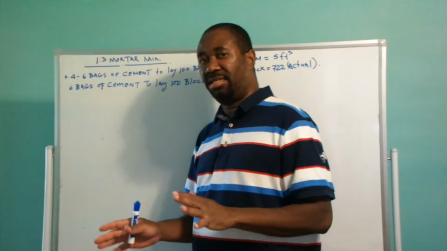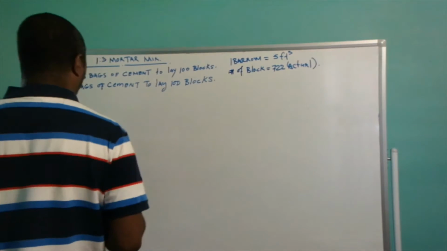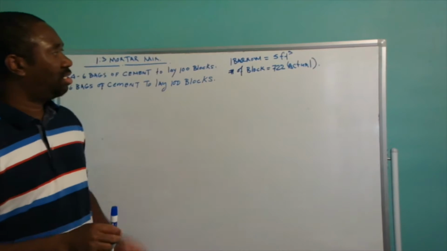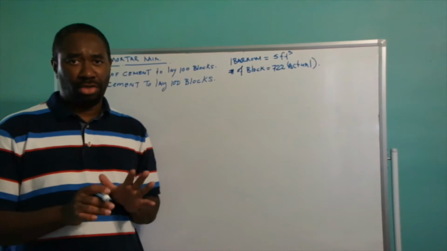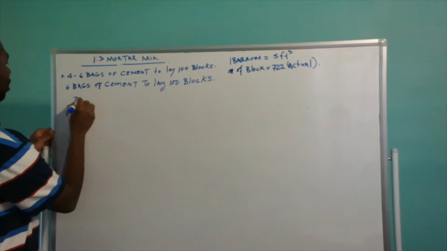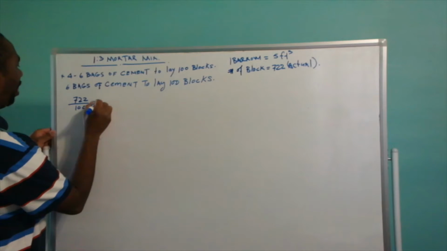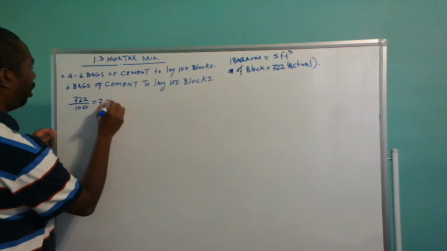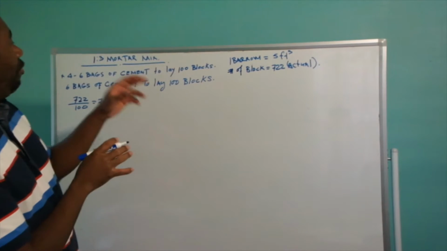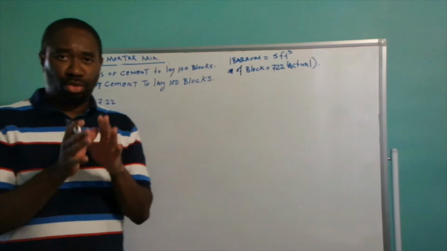The first thing we have to establish is how many times we can get 100 blocks out of 722 blocks. So it is 722 divided by 100, and that equals 7.22 times.